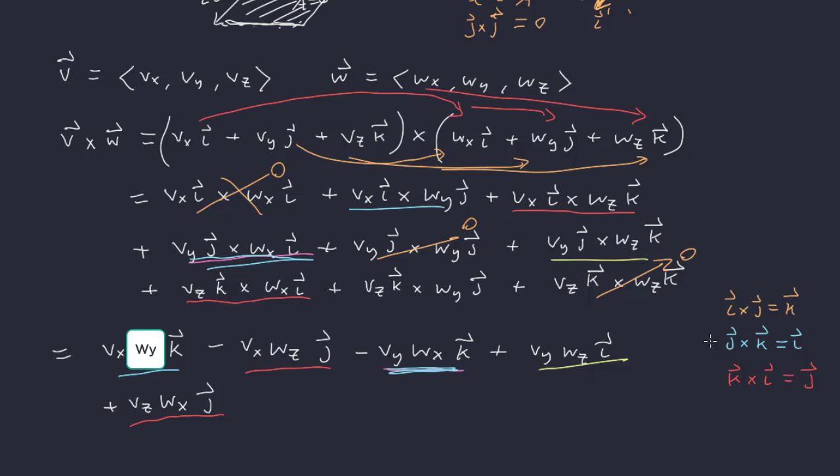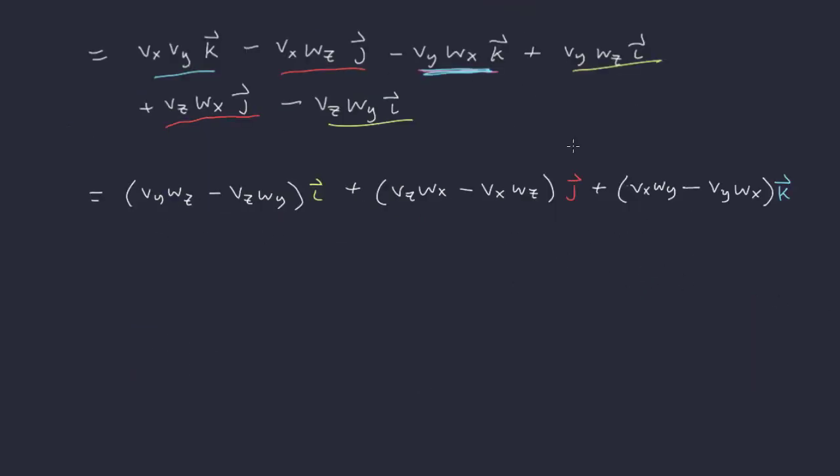The K cross J, that's going to be a negative I when we do that. So it'll be negative Vz Wy, K J, which will be I. So we'll mark that in yellow. Okay, so I tried to mark the matching letters in matching colors.